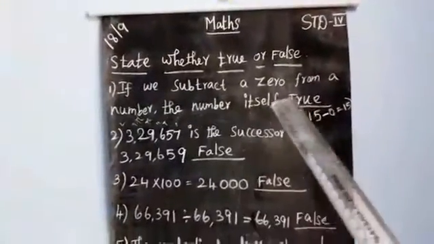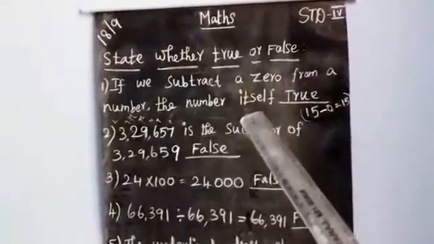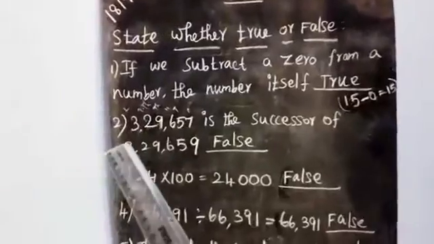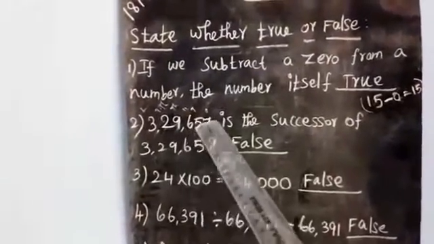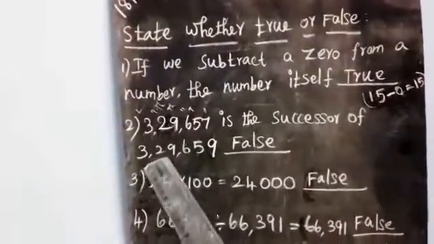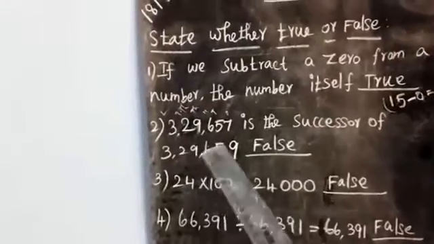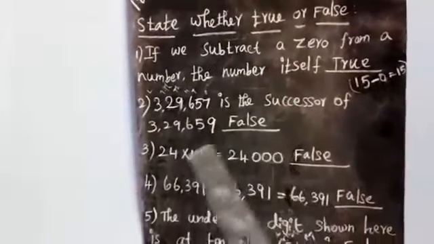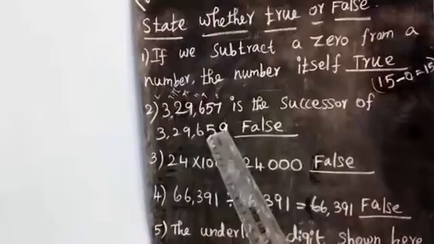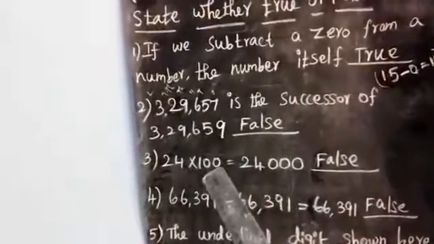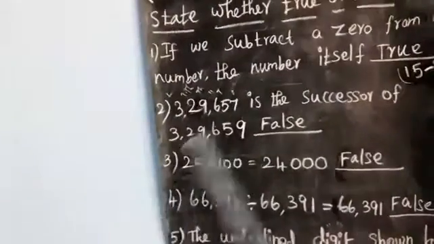If we subtract 0 from a number, we get the number itself. Yes, true. 3,29,657 is a successor of 3,29,659. No, false, because here 58 comes. 24 into 100 is equal to 2,400.